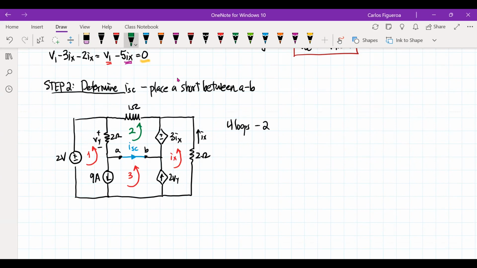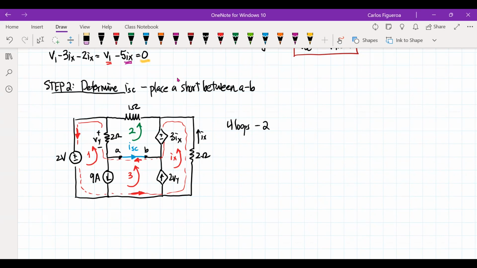If I look at this loop here, you can see that this is my super loop right here. You can see that this is the direction of my super loop. So now you can see my 2 loops.